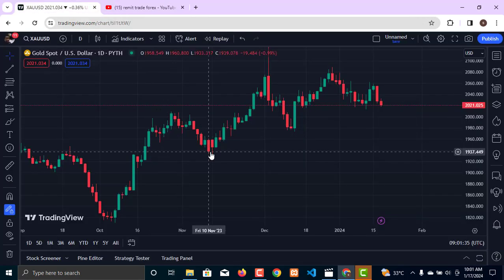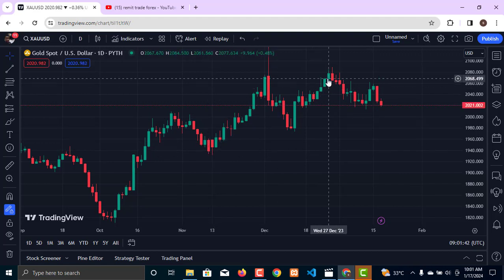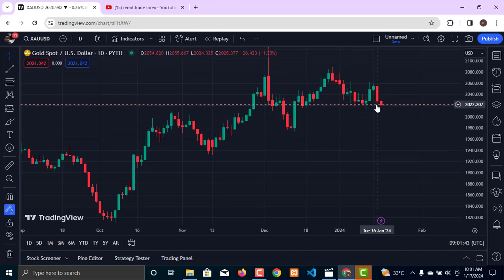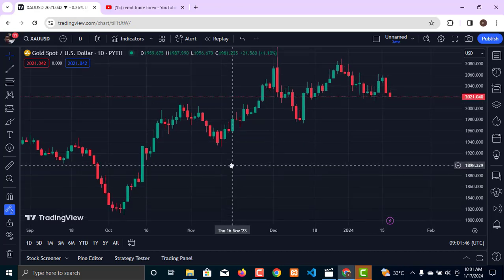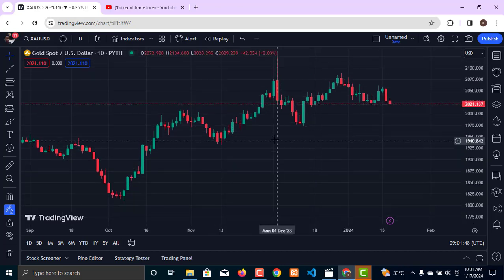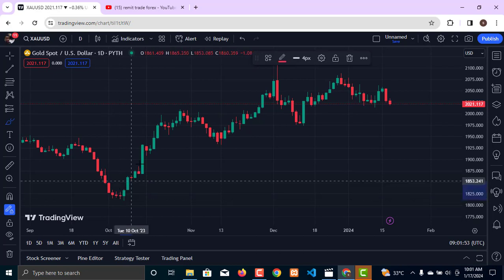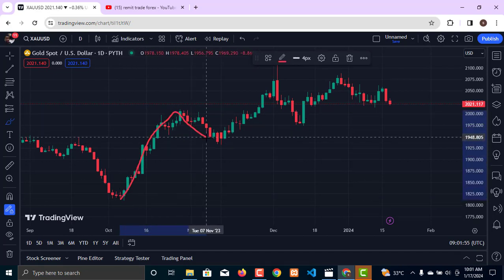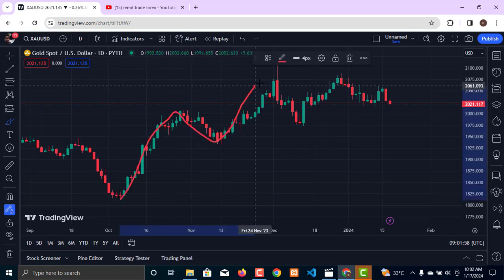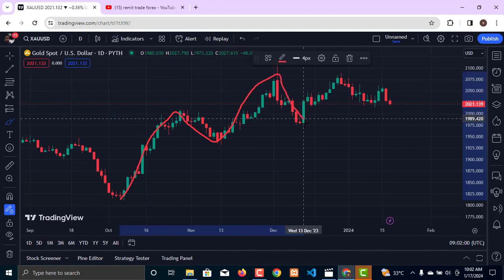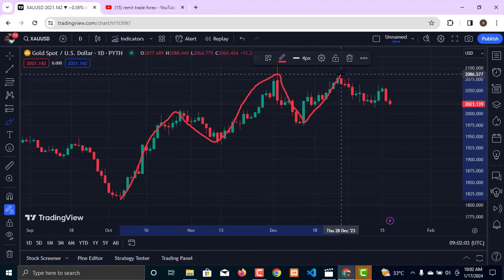Gold is a very interesting pair to trade, and significantly on the chart right now, the market is moving to the downside. From the price action on the chart, if you look at where the market moved from this area, we were seeing a progressive move upward and a retracement at this point. The market moved again to the upside, we have a retracement and then a move upward, and the market is coming back to the downside.